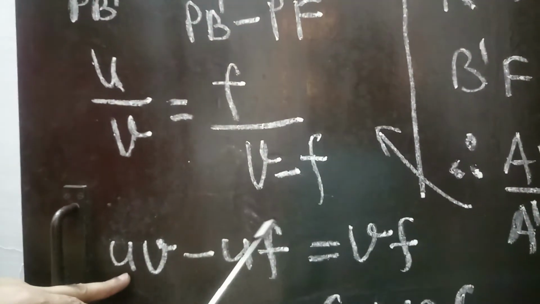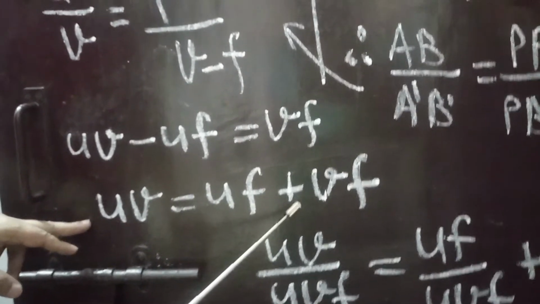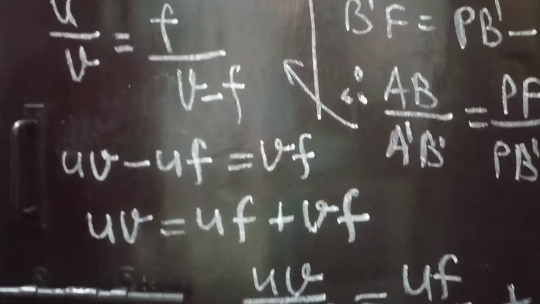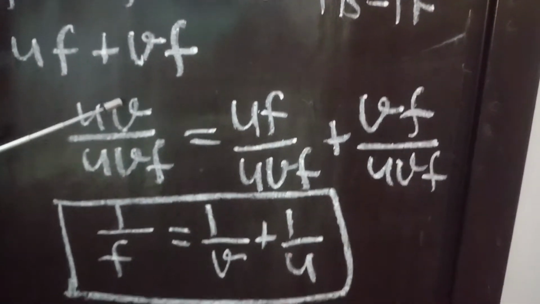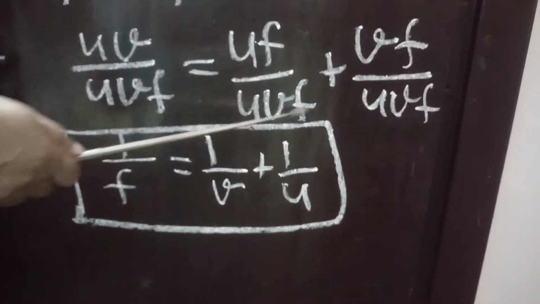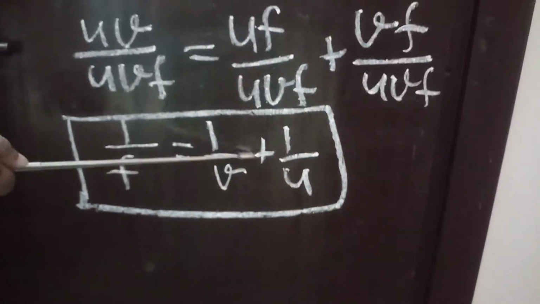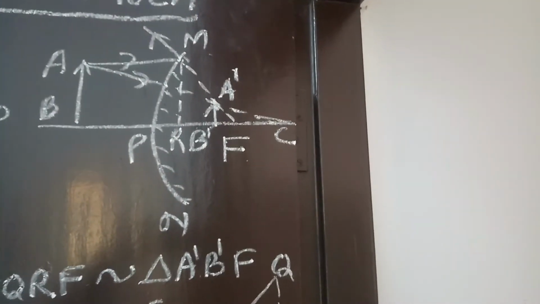Now you transpose this term, you will get uv equals uf plus vf. Now we divide the three terms by uvf. You see that u and v cancel, here u and f cancel, and here v and f cancel, and you will get 1 by f equals 1 by v plus 1 by u. This is the mirror formula. Yes, for the concave mirror. For the convex mirror, you do it yourself and also practice when the object is placed at different positions.